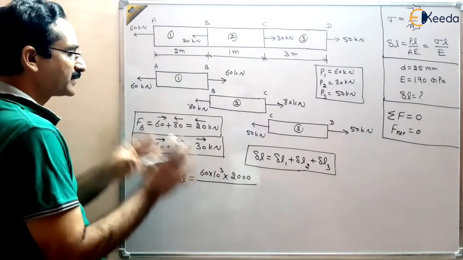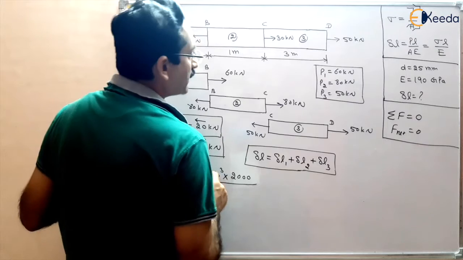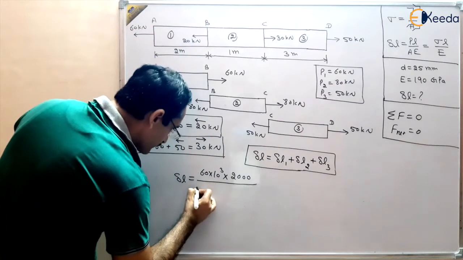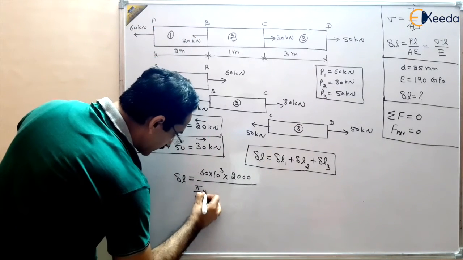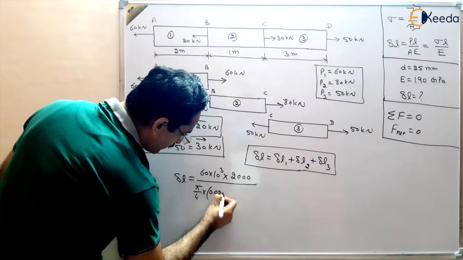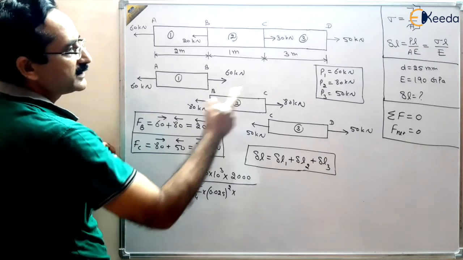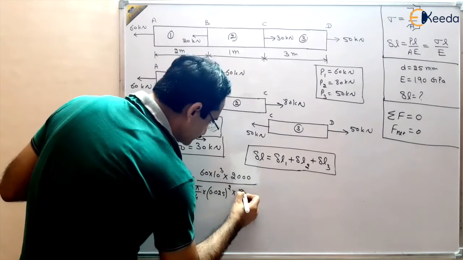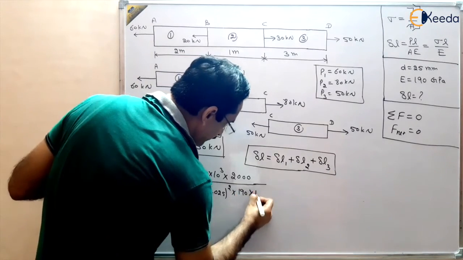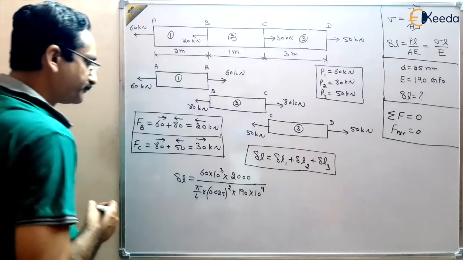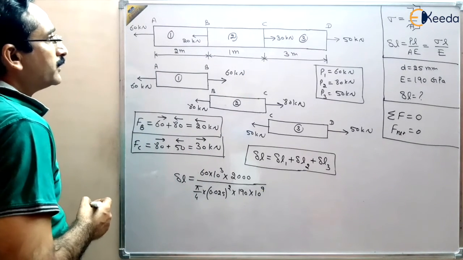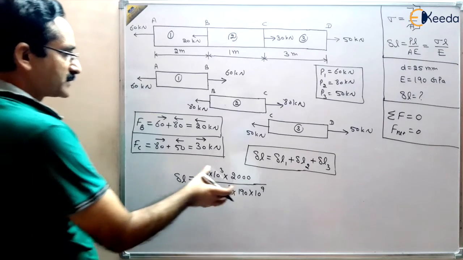Other things will remain in SI units. Area is pi by 4 d square, so pi by 4 into 0.025 square, multiplied by E. E for the steel is given as 190 gigapascal. For giga, take 10 power 9. So this is the first term.